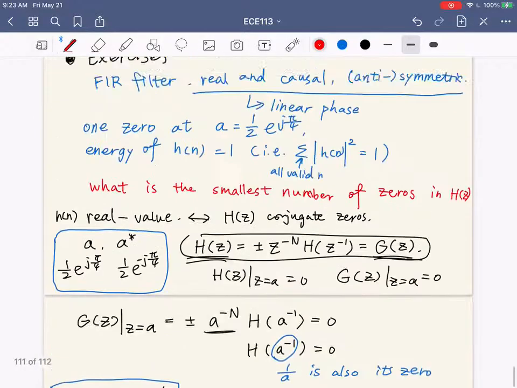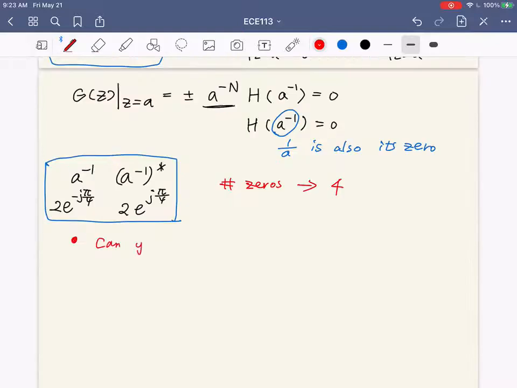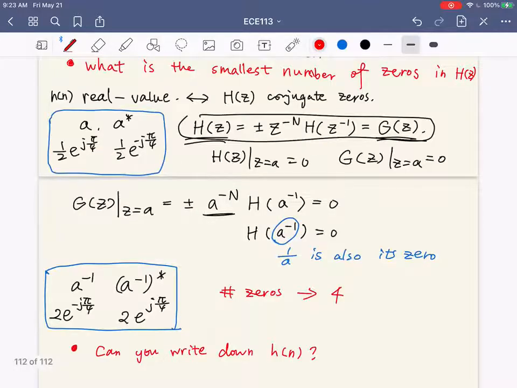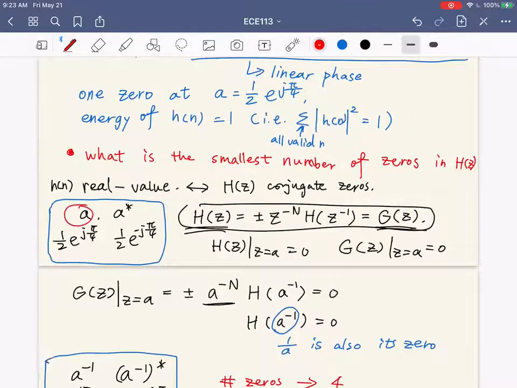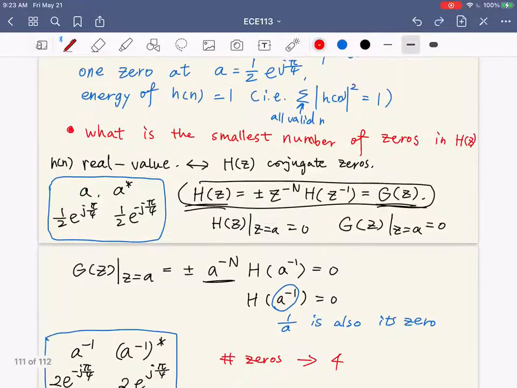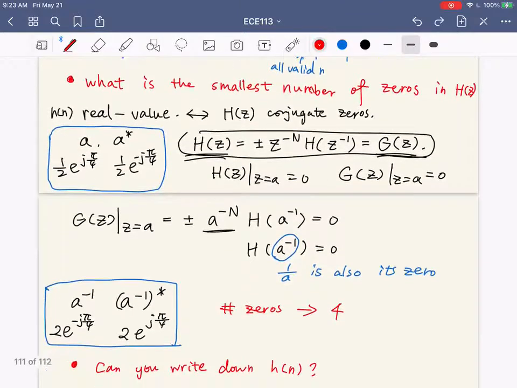And then I will ask, can you write down H of N? Any random guess or reasonable guess, of course. How did you get the 4 zeros? Hi, Emia. So you know that we are given the first zero, right? And then we know that it has to have a conjugate, so we get 2 zeros.